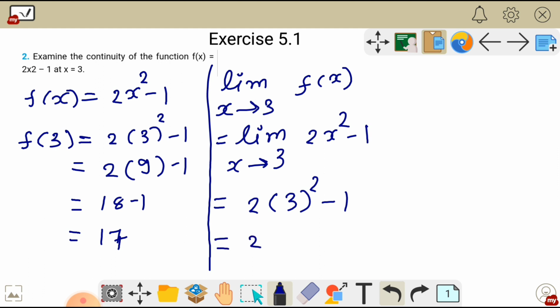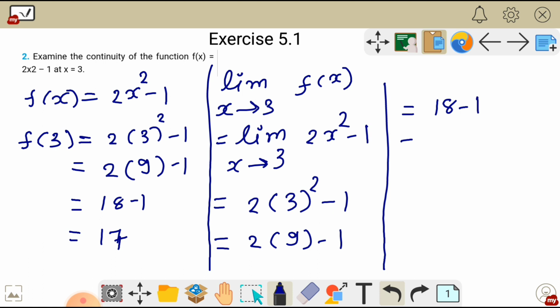So 2 in the bracket 9 minus 1, which is equal to 18 minus 1, which is equal to 17.